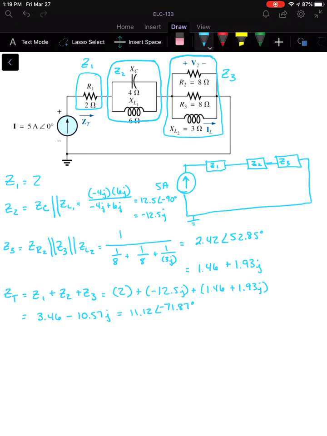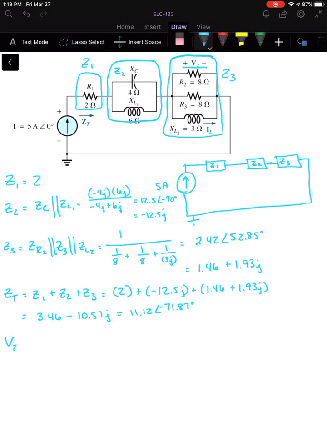All right, so what else are we looking for here? We want to find V2. And V2 is where in our drawing? V2 is here, okay? So that's the voltage drop across Z3.